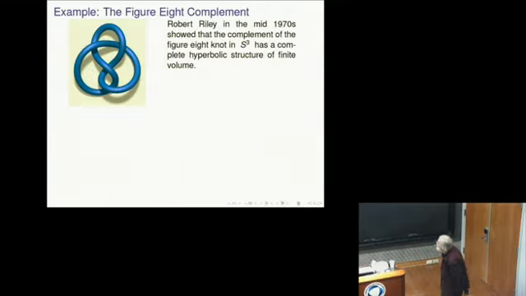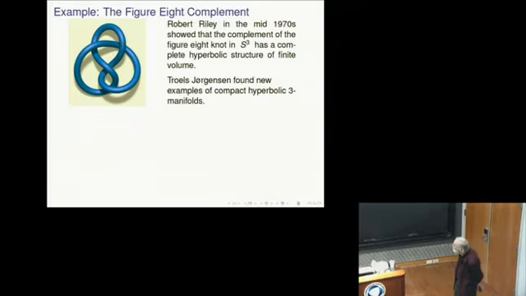Well, this led to a great deal of interest among topologists. The first person was Robert Riley, who was a graduate student in England at the time. He was an American, but a graduate student in England, who showed that the complement of the figure 8 knot in the three-sphere has a complete hyperbolic structure of finite volume.